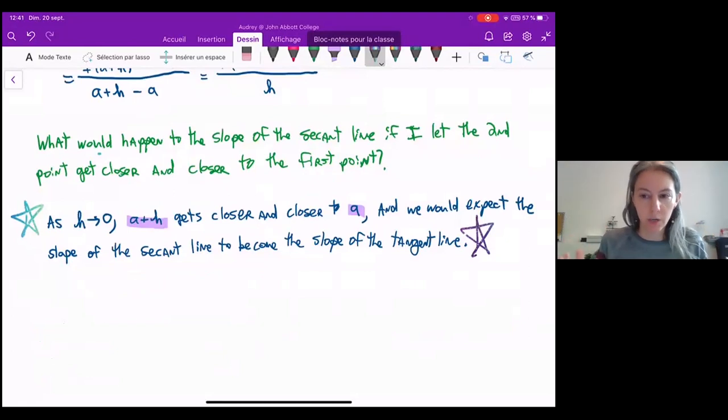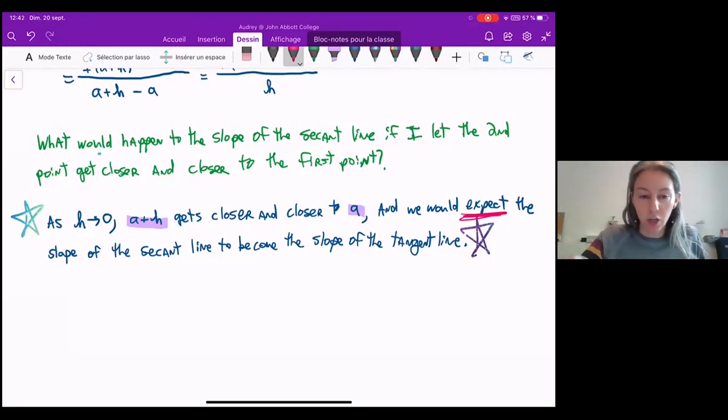As h approaches 0, a plus h gets closer and closer to a, and we would expect the slope of the secant line to become the slope of the tangent line. But what do we use to talk about expectations that we've been talking about the whole semester? Limits.